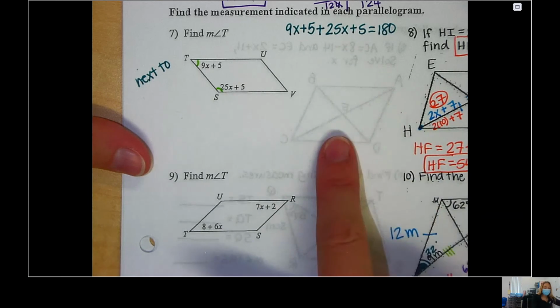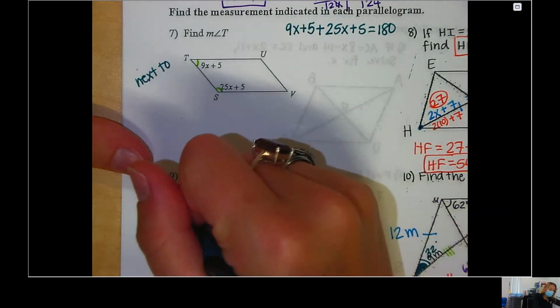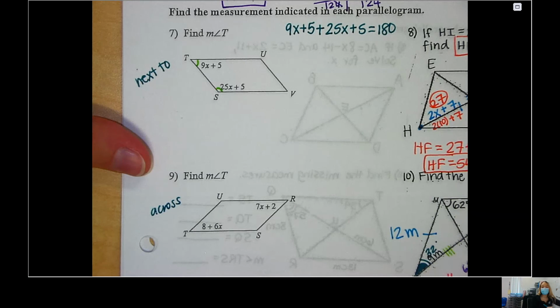That's number 7. Look at number 9. Are those angles next to or across from each other? They're across. So if they're across from each other, what should I do? Yeah, set them equal to each other because they are congruent.